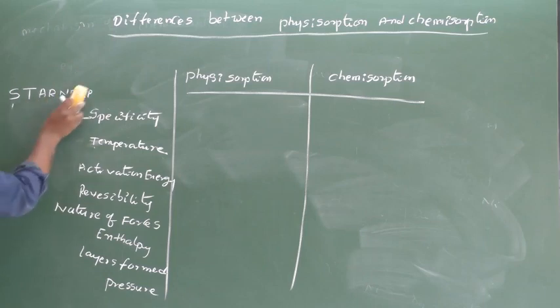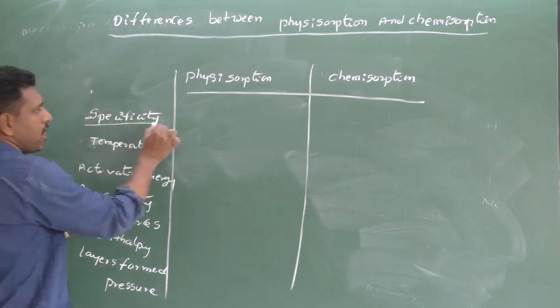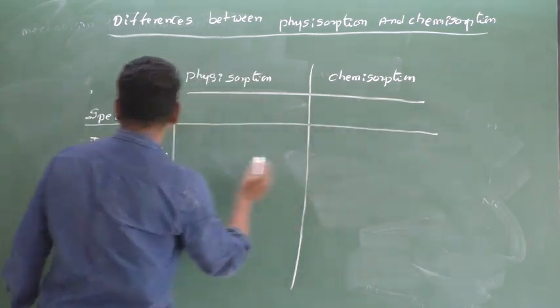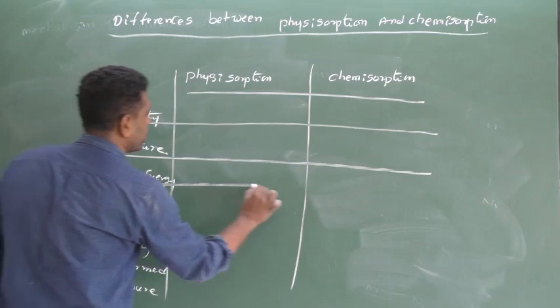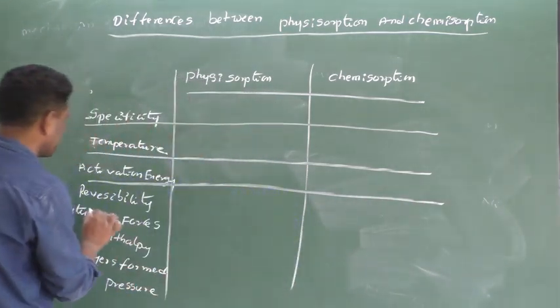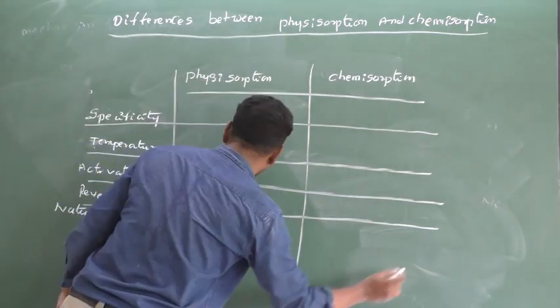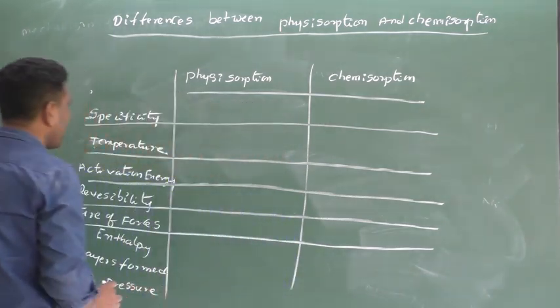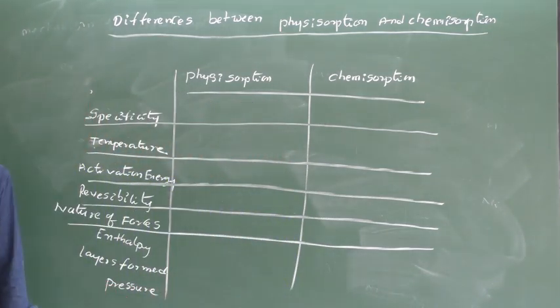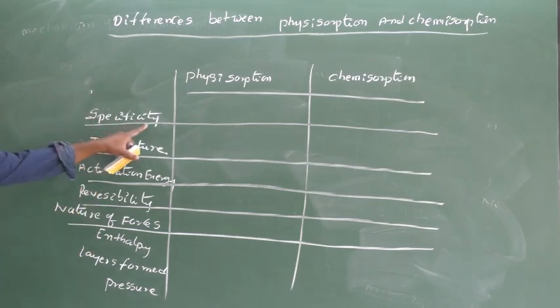So by remembering this word, you can write the differences between physical adsorption and chemical adsorption. That word is STARNEL. So the first one is specificity.